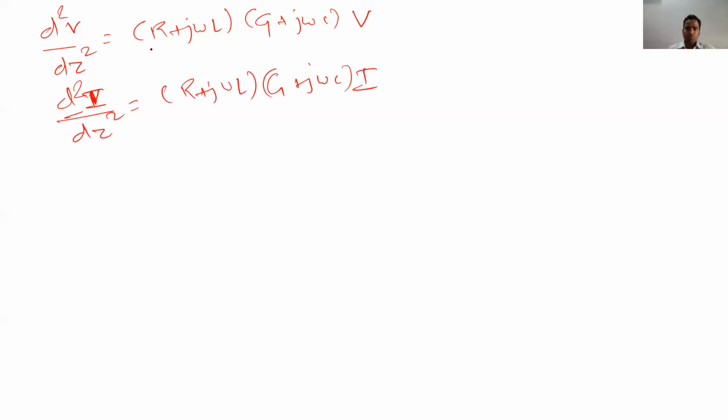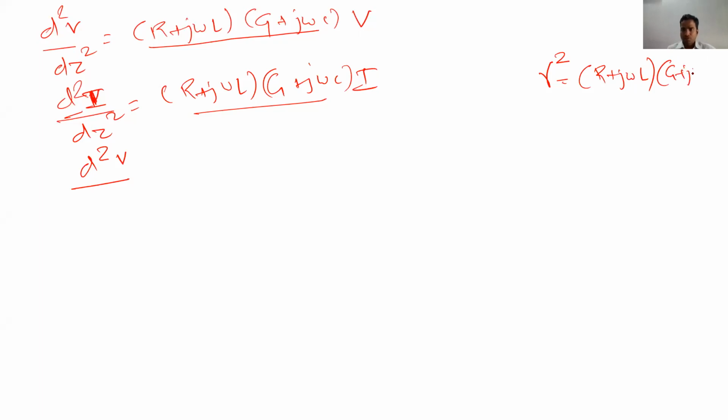Now, what does this equation look like? You must have seen it in your mathematics course. Suppose I give this constant a new name, gamma square is R plus j omega L into G plus j omega C. So what will we get? d square V by dz square as gamma square V. Gamma is constant, okay, for a given frequency, since R, L, G and C are constant and the frequency omega is also constant.